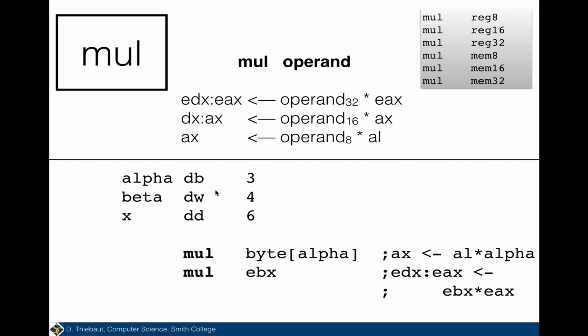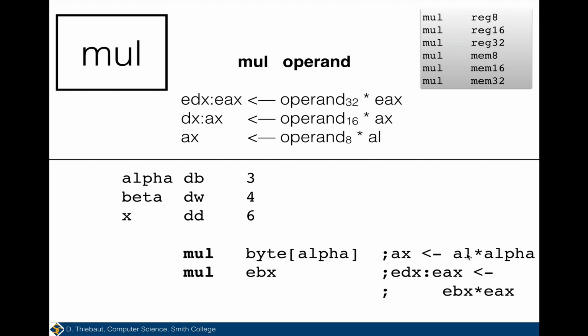All right, so let's take a look at some examples, and hopefully that will make sense. Again, I have a byte variable, a word variable, and a double word variable, and I want to multiply alpha here. So this instruction, mul byte alpha, will multiply whatever is in AL.